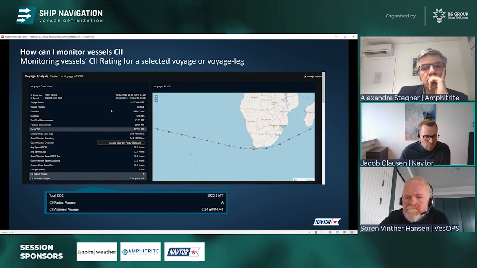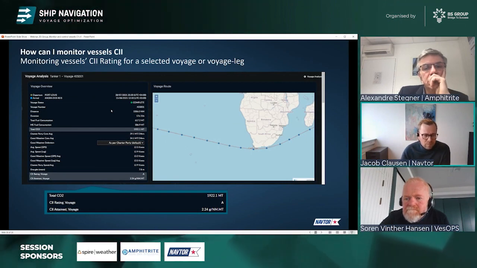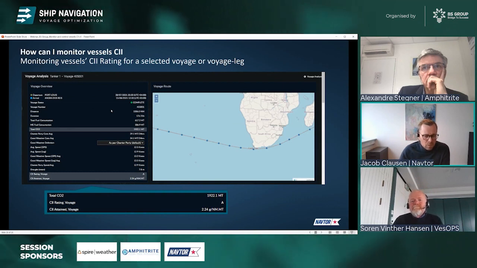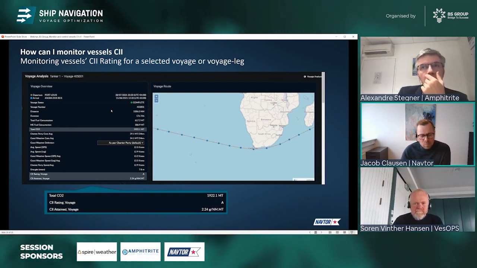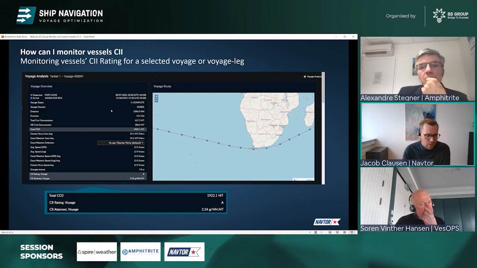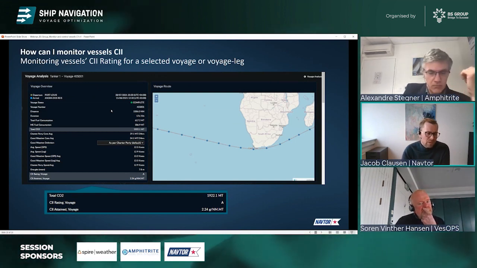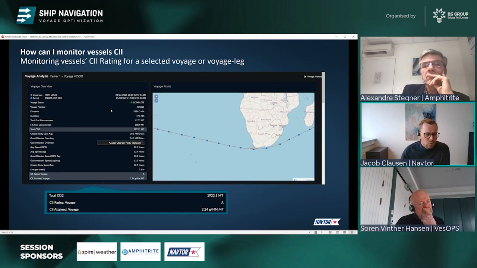The other part is, of course, on a voyage basis: monitoring throughout a voyage how the CII is progressing over time, and also evaluating in hindsight what the outcome was, what the CII rating was, what the CO2 emitted was, distances, etc. So we have different ways to both monitor and illustrate this, but also extract data if you need to support and report it to any third party.